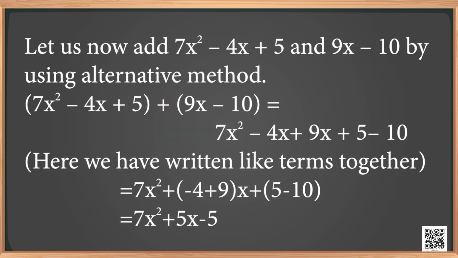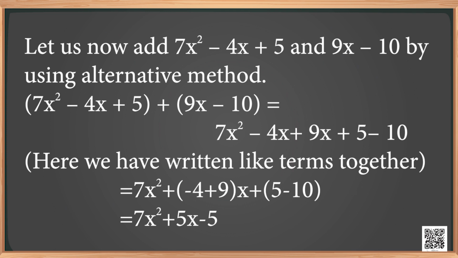Let us now add 7x square minus 4x plus 5 and 9x minus 10 by using an alternative method. Please observe, we have written the terms within the brackets. They are 7x square minus 4x plus 5 plus 9x minus 10, which is equal to 7x square minus 4x plus 9x plus 5 minus 10.